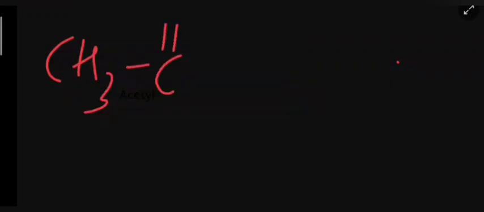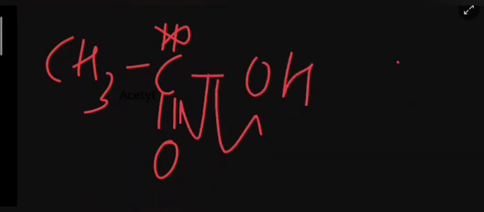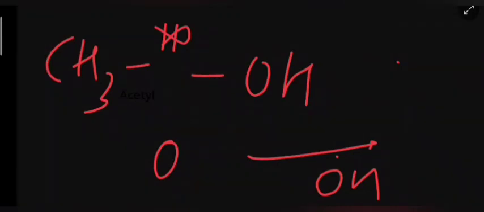So here I'm drawing this, ignore this. I will just split it by a free radical mechanism. After doing that, and once this OH radical is removed, what is the remaining moiety that we achieve?